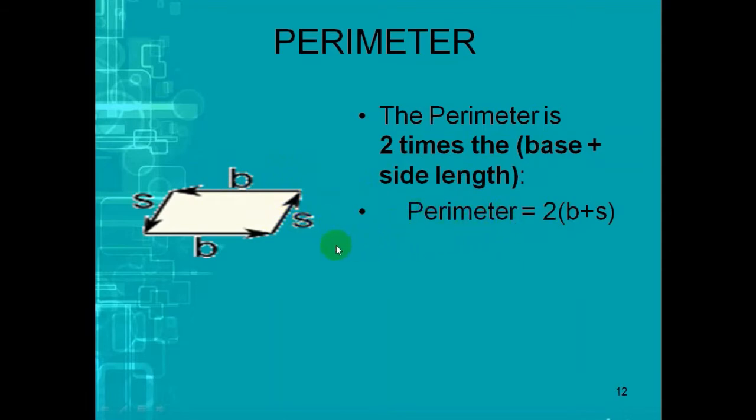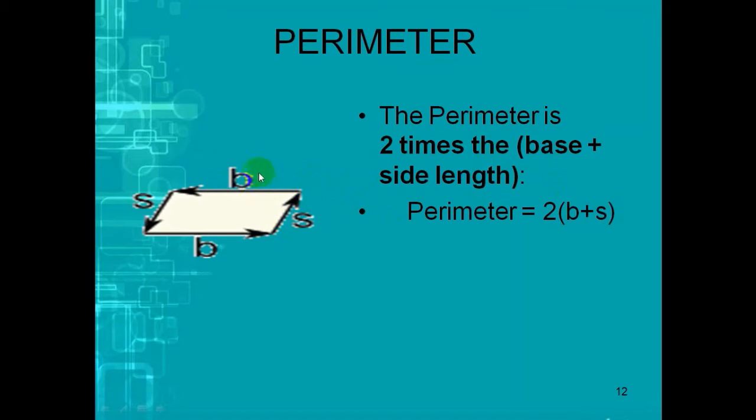So the perimeter formula for the parallelogram and for the rectangle is the same. Perimeter means the sum of all sides; the sum of the lengths of all sides is actually called the perimeter. So the perimeter for the parallelogram, you see over here, is B plus S plus B plus S. So simply we can write 2 into B plus S. B is the length and S is the width.